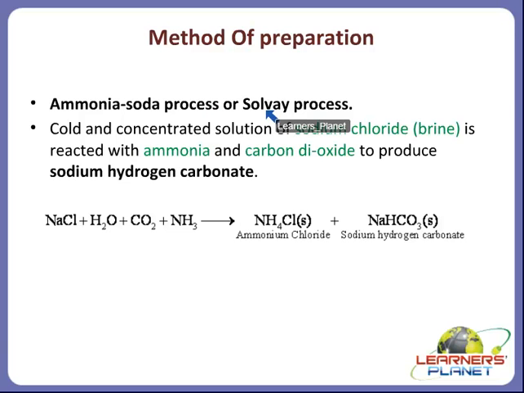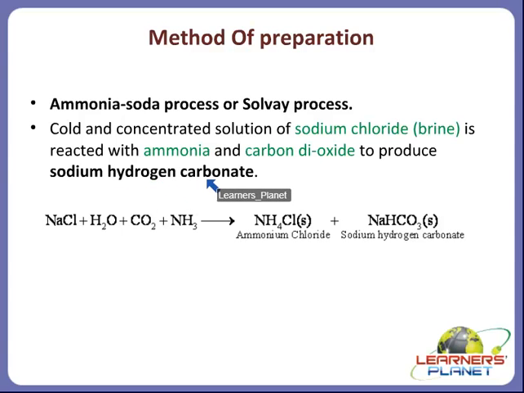In this Solvay process, a cold and concentrated solution of sodium chloride, brine, is used. I have told you an aqueous solution of sodium chloride is called brine. It is reacted with ammonia and carbon dioxide to produce sodium hydrogen carbonate.